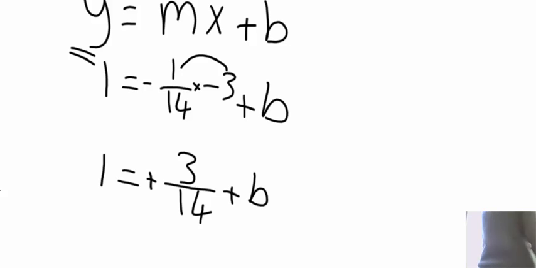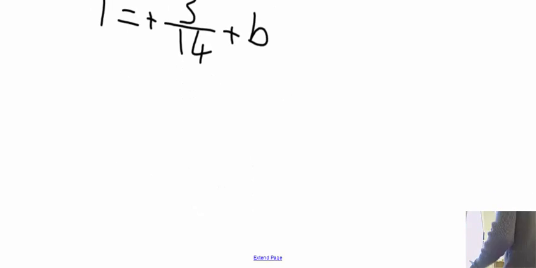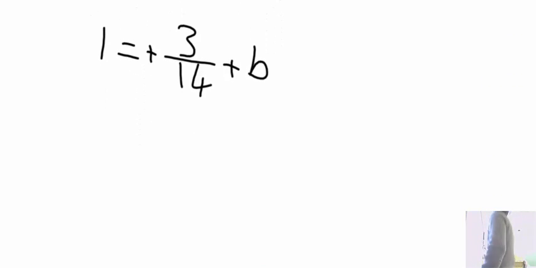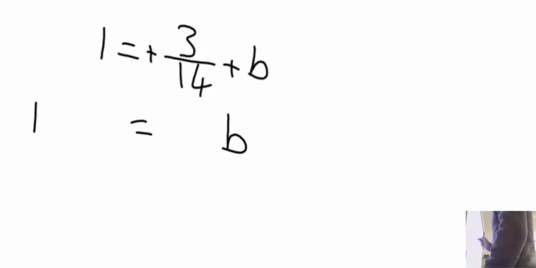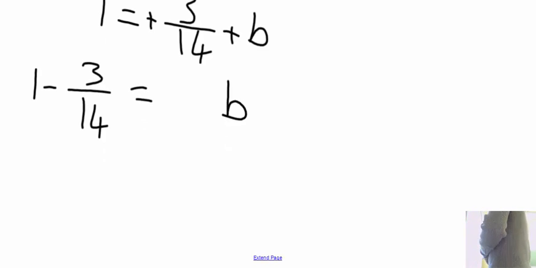Now I'm going to leave b alone. I need more space here. I'm going to leave b alone. That means equation 1, I'm just going to put it a little bit to the left. So plus 3 divided by 14 becomes minus 3 divided by 14. And now watch how I do it.